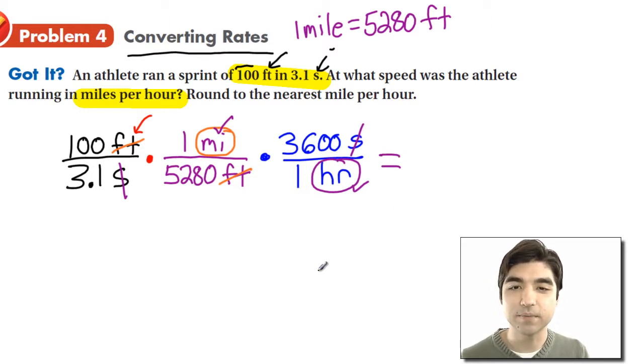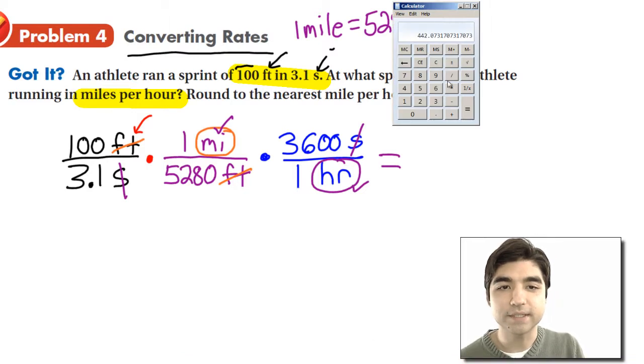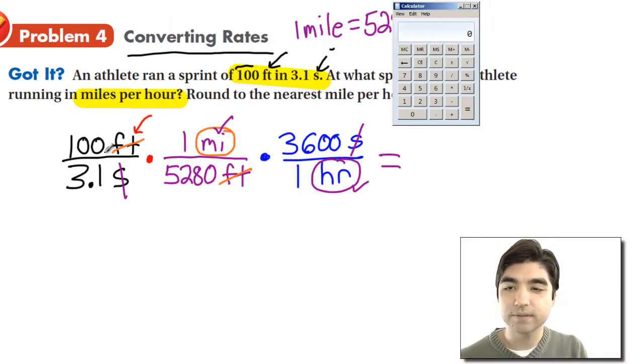Okay, now we just need to multiply all this stuff together. So remember, the rule is that if the number is on top, you multiply. If the number's on bottom, you divide it. So we need to take 100 divided by 3.1. Then we have 5,280 on the bottom, so we need to divide that.